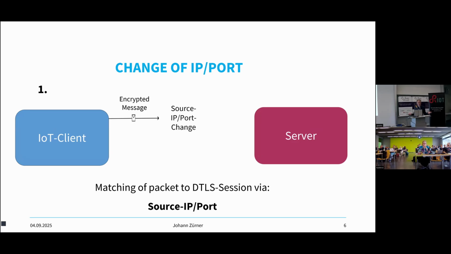So that leads to a problem. What happens if the IP address or the port of my client changes, because maybe the provider assigns a new IP address to it, or the packet is traversing a network, maybe carrier-grade NAT, and the source port changes? Then the server can't identify the packet anymore, just doesn't respond, and discards it.